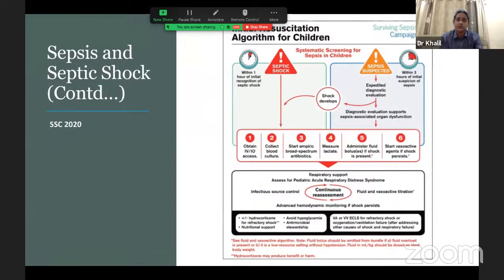So you have to stand near the child and you have to assess for the response to fluid. If you don't assess the response, then you may end up either under treating or over treating, both of which can prove costly, and you may end up losing the child.